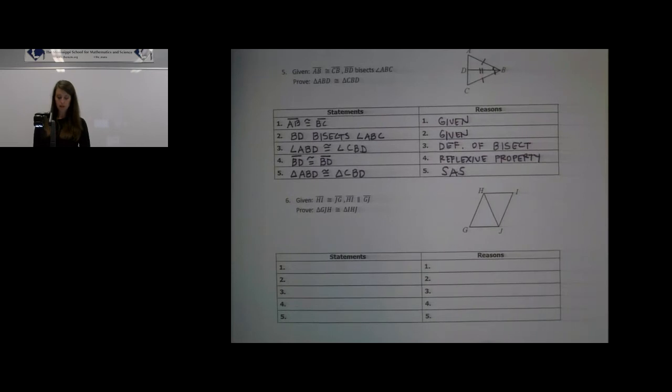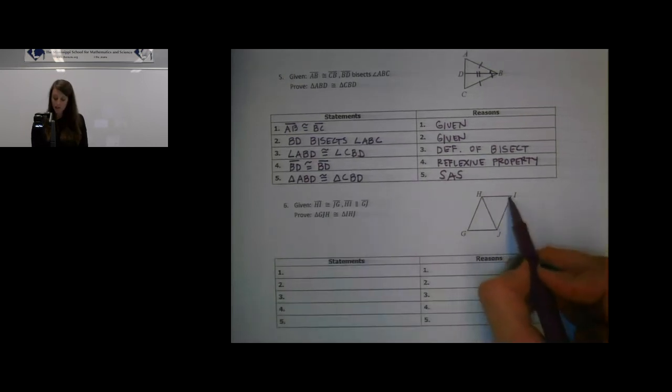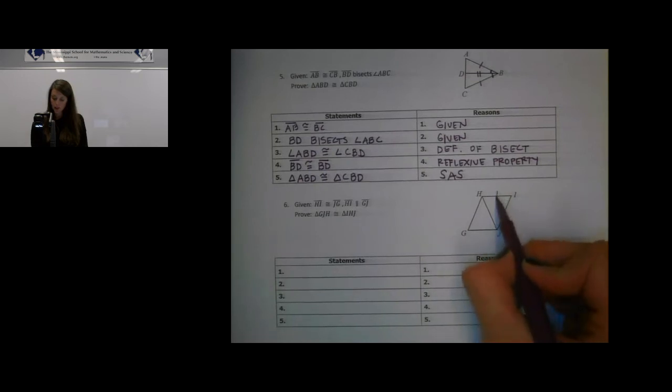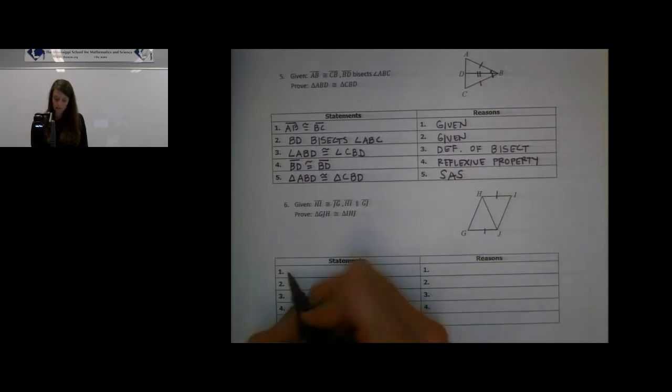So take a minute and do number 6. Okay, so what do I have here? I have HI is going to be congruent to JG. It's weird. HI is going to be congruent to JG.